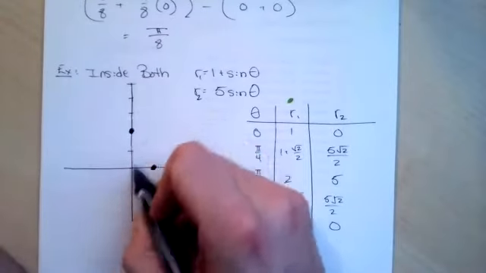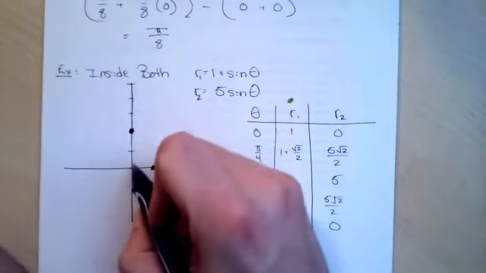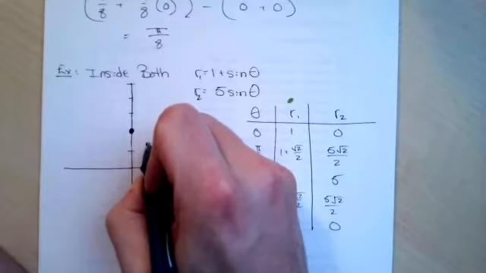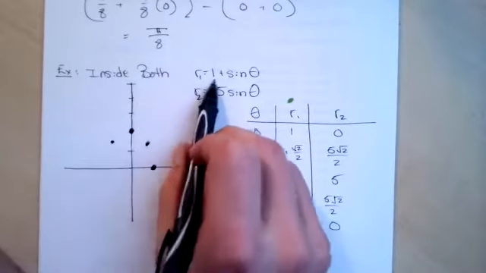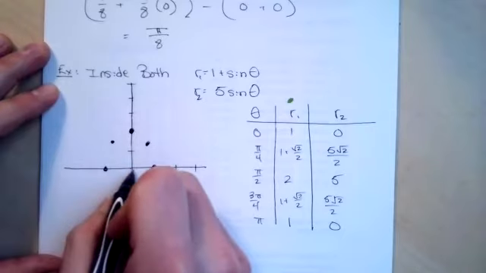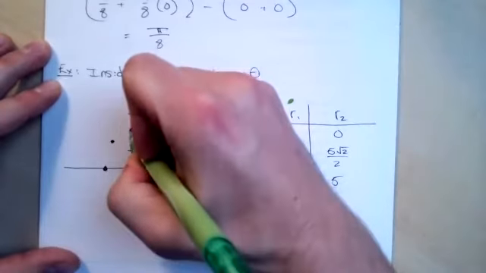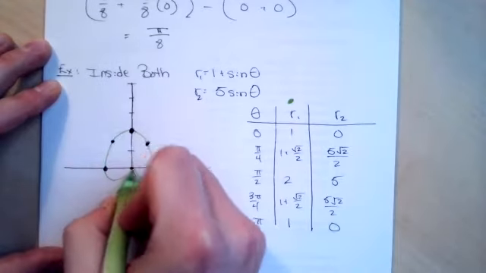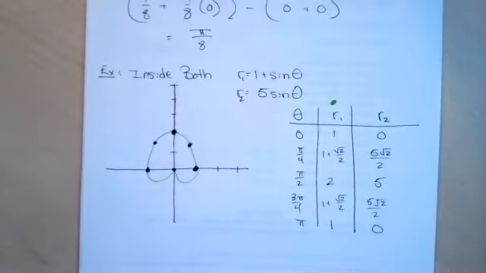At an angle of pi over 4, remember, root 2 over 2, about 0.75, so about 1.75 in that direction, probably somewhere here. And we saw with R1, it's going to come around and look like a heart.